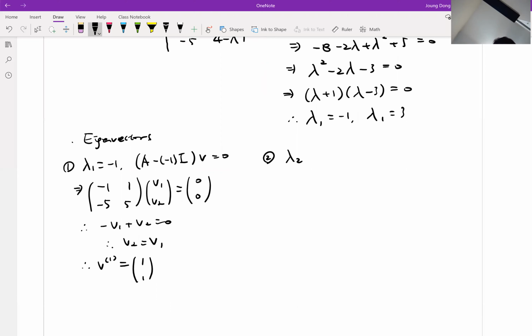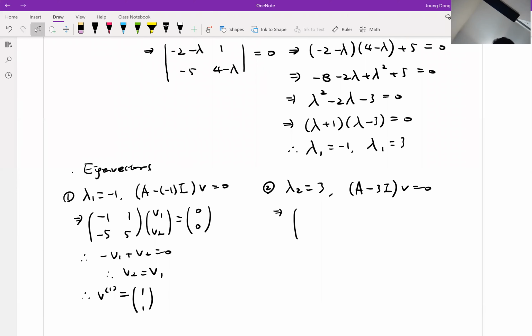So what about the second one? When lambda is 3, then we will do the same thing. A minus 3I equals 0, which is negative 5, 1, negative 5, and 1 times v1, v2 equal to 0 and 0.